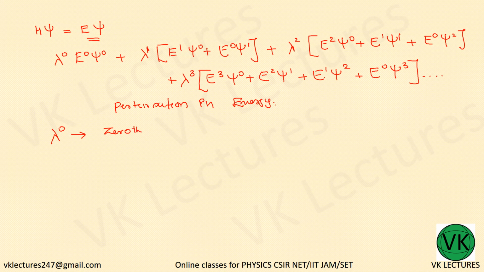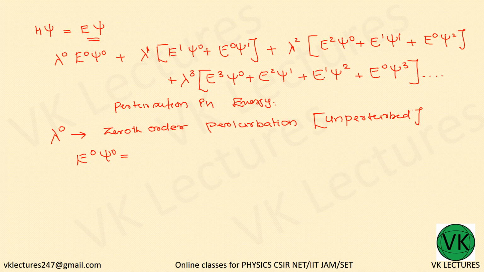Zeroth order perturbation simply means the unperturbed state or unperturbed value. Now this is given by the first one, that is E naught psi naught equal to H naught psi naught.